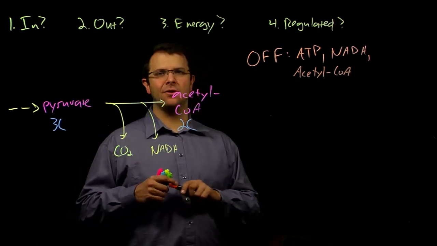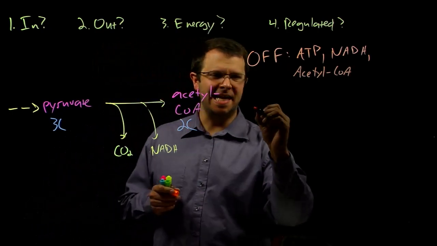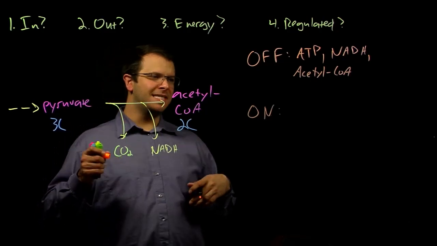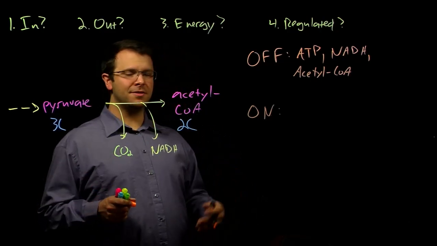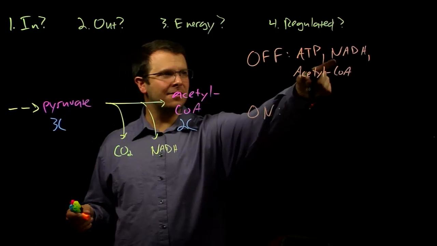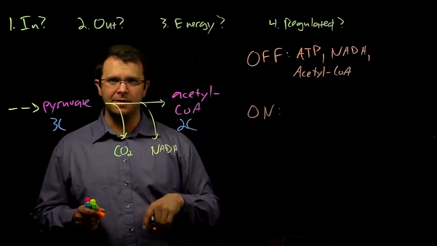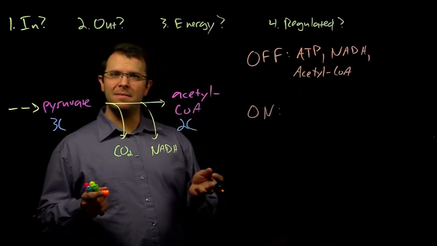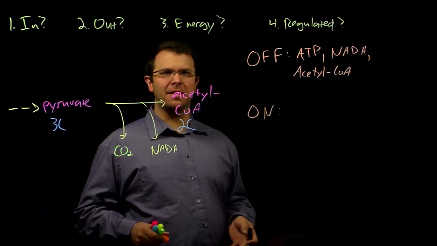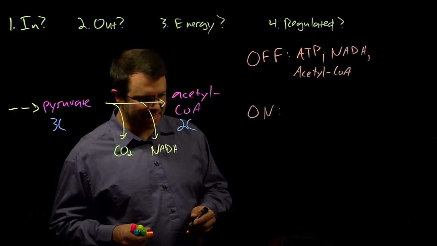What we haven't seen already is that this step is also positively regulated, which is to say there are also some molecules that will turn it on or speed it up. And if high energy molecules and the output are slowing it down, it might make some sense that low energy molecules and the input molecule speed this process up.